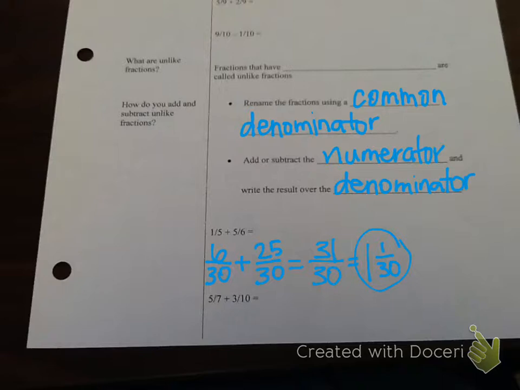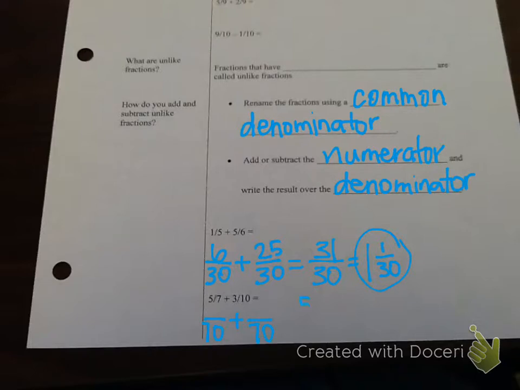We're going to do the same thing with the last one. 5/7 plus 3/10. So we need to find a common denominator for 7 and 10. You could use 70, which would be an easy one.